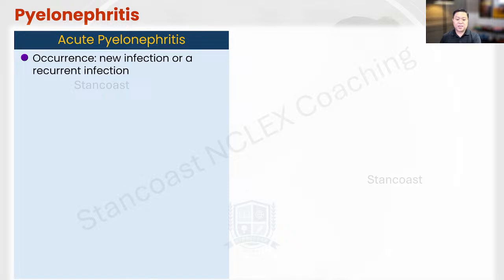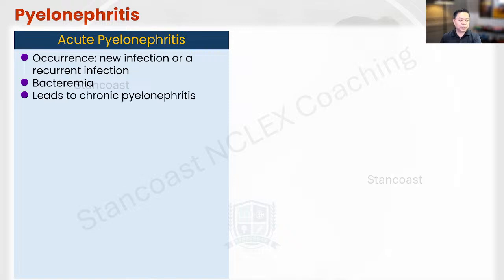Now, another thing that you're going to take note of with the acute pyelonephritis is the bacteremia. And so this will actually cause some sepsis in that person if it is undetected.